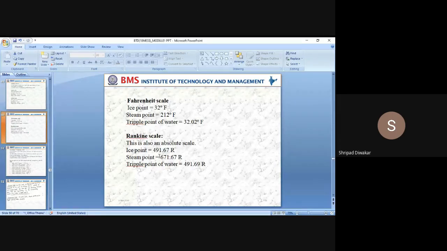These are the values for ice point, steam point, and triple point of water. Now we have discussed four temperature scales.